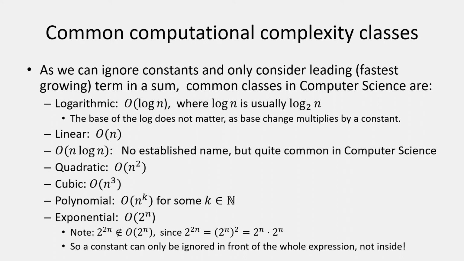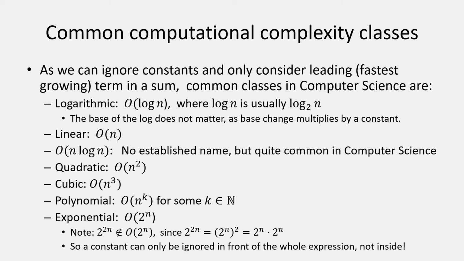Those are functions that are in big O of n. And by the way, some of them can be faster, but generally, especially when you're talking about solving a problem, you just care that there is a way to solve it in time big O of n. Faster is better, but big O of n is good enough. So here are the classes. Logarithmic is when it's big O of log n.